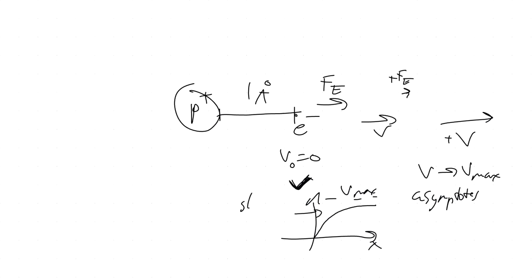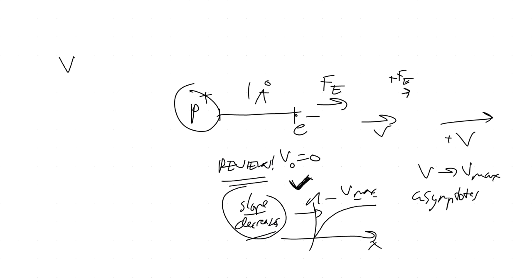So we know this. This is a review. We've done this before. What we haven't done before is solving for the precise maximum speed in electric fields. We've done this in gravity. We use potential energy in gravity to do this.